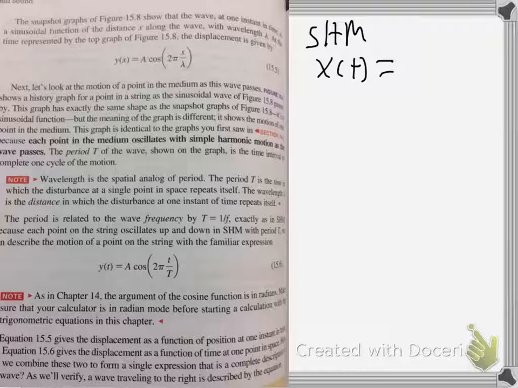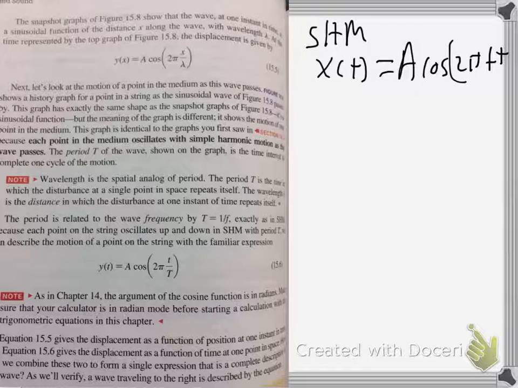And remember, this was a cosine of 2 pi ft, or sorry, little t, not period, or that's the same thing as saying 2 pi small t over big T, period.